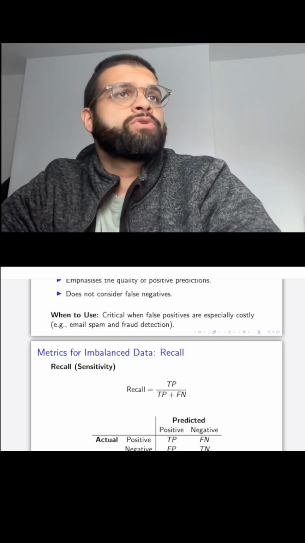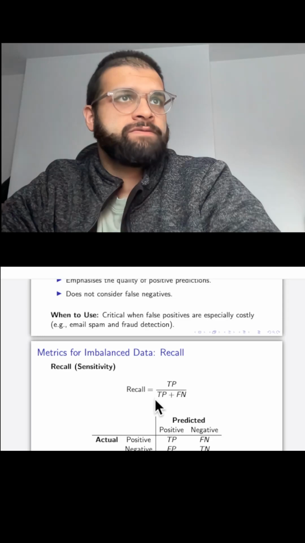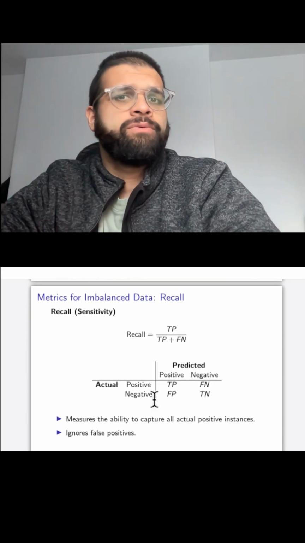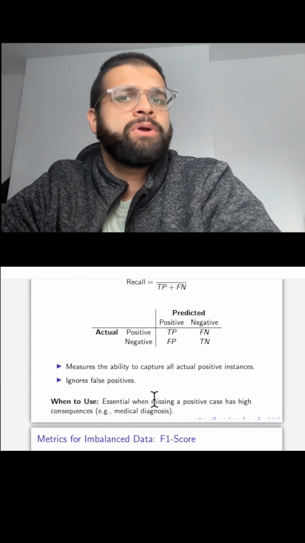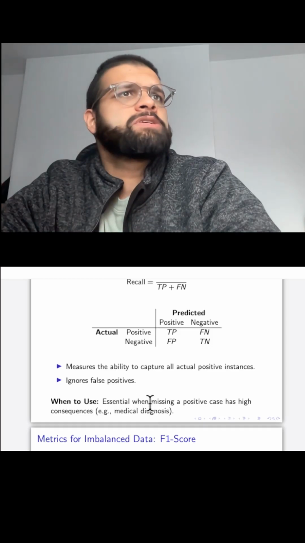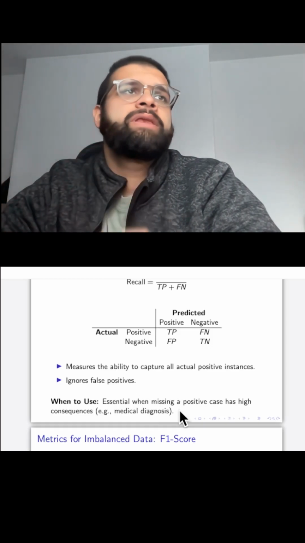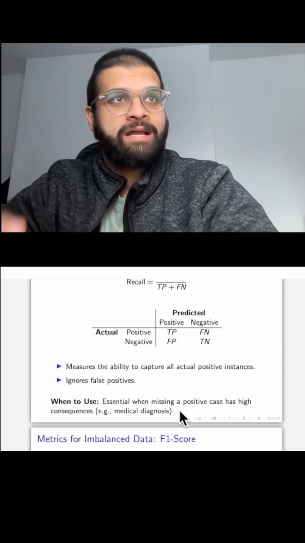This one ignores false positives, as you can imagine, and it's very obvious if you look at the equation. This metric is very useful if you don't want to miss any positive cases, for example in medical diagnosis, where you want to make sure your diagnoses are accurate.